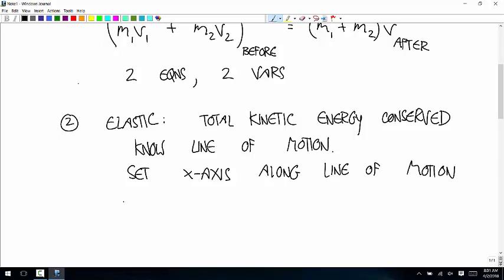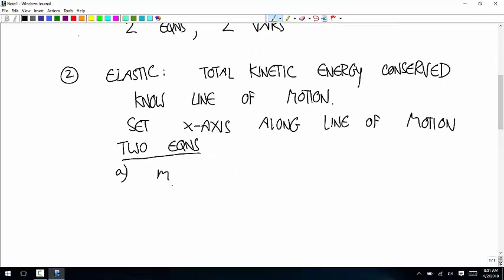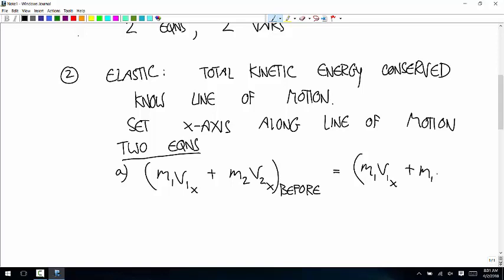Your two equations are: the first one says m1 times the x component of the velocity of 1 plus m2 times the x component of the velocity of the second one, before the collision, is equal to m1 times v1x plus m2 times v2x after. So that's the first equation.